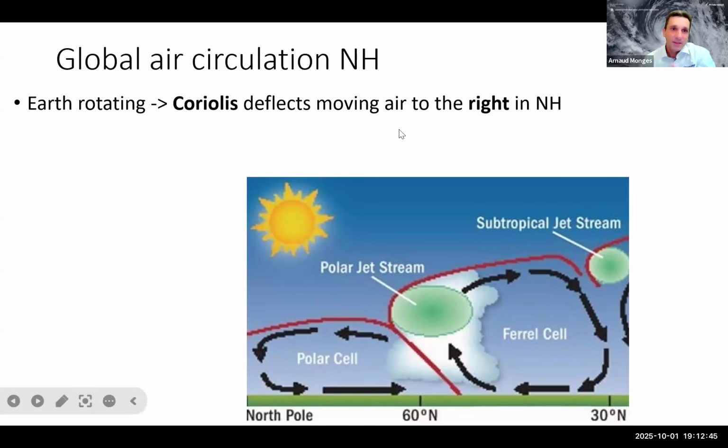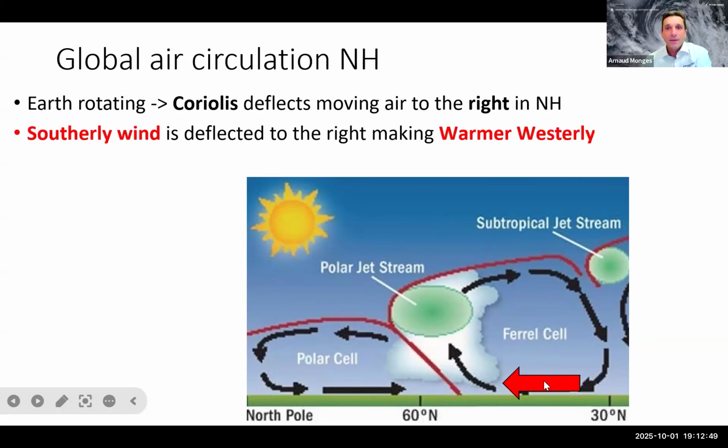What is the impact of the Coriolis force in this picture? So if I'm looking at this part, okay, the warmer air coming from the south is going to be deflected to the right. And it will happen to make this warmer westerly wind.